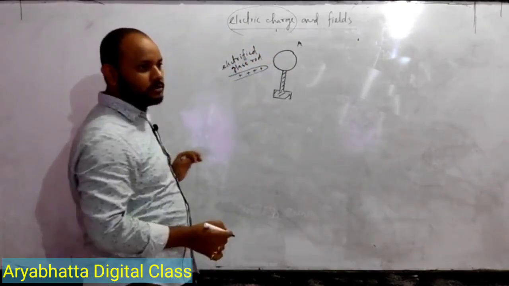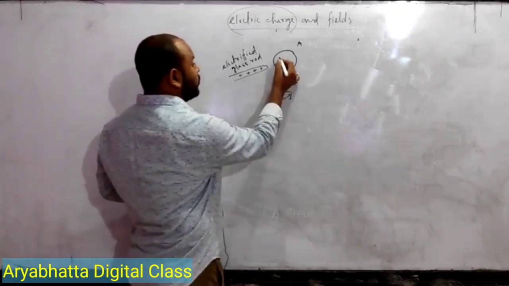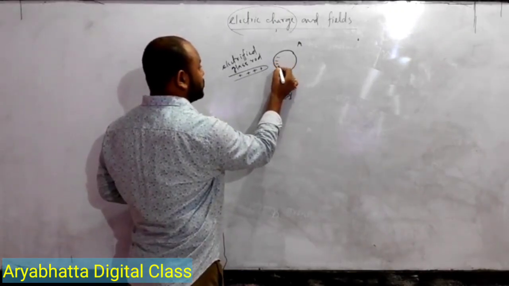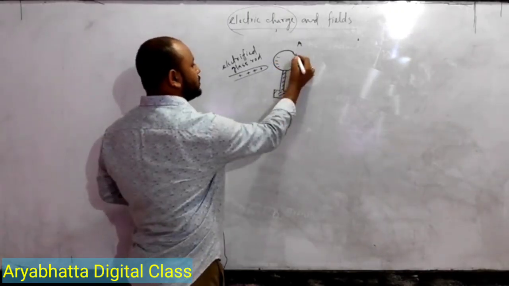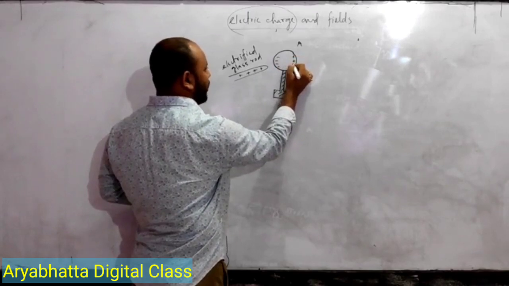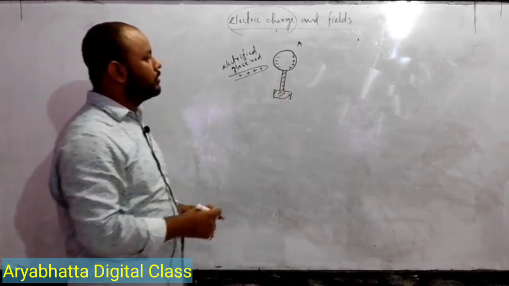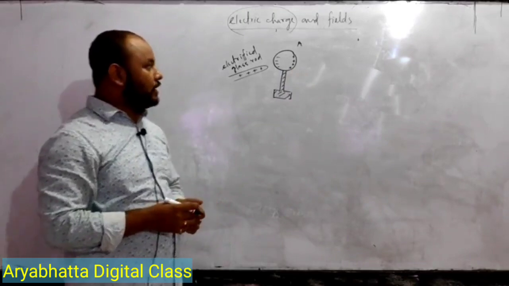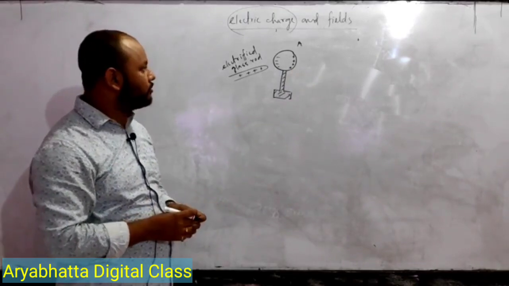What happens? Opposite charges are developed at its closer end and similar charges are developed at its further end. Okay, this is our electrostatic induction, temporary electrification.